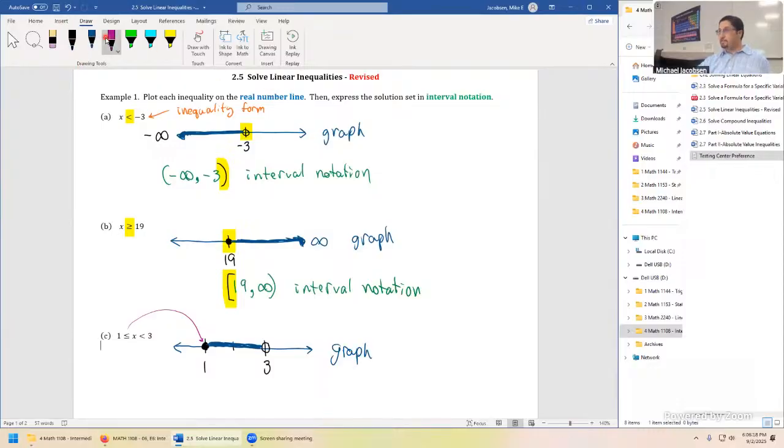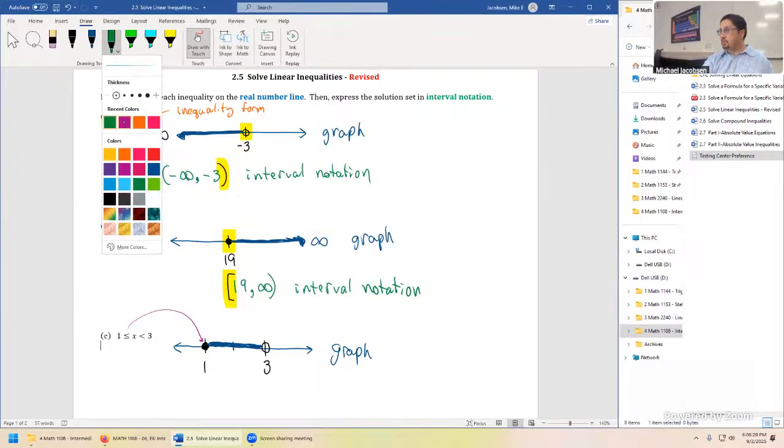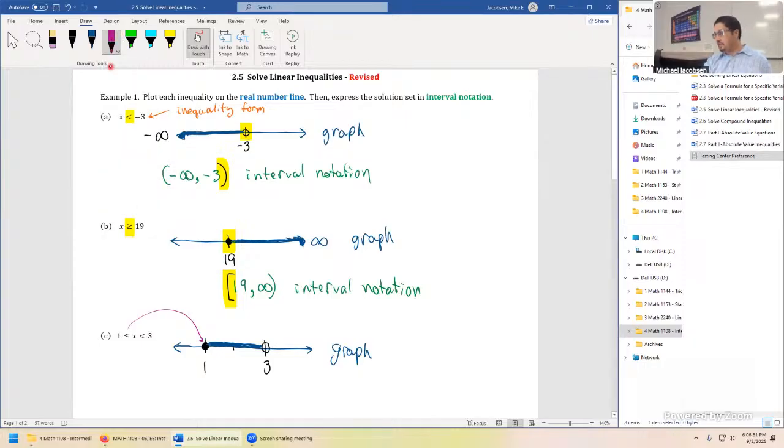Once we have a graph, we're ready for the interval notation. But it's all a matter of just reading left to right. Remembering the solid dot goes with the bracket, an open dot goes with the parenthesis, and I actually wanted to add one more arrow, just as a reminder that the less than here went to the open dot there. So read this graph here going left to right.